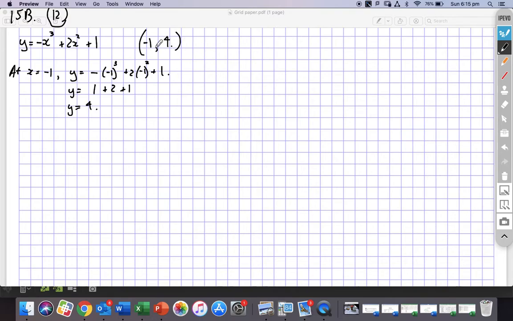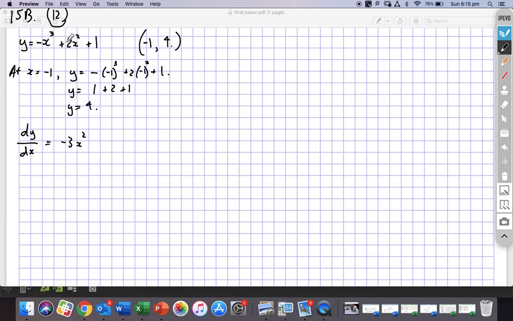All right. So I've got my point, but I need to know a gradient if I want to get a tangent equation. How do I get a gradient? I get a gradient from the gradient function, which is the derivative. So let's find the derivative. We put the 3 out the front, we get minus 3x squared.